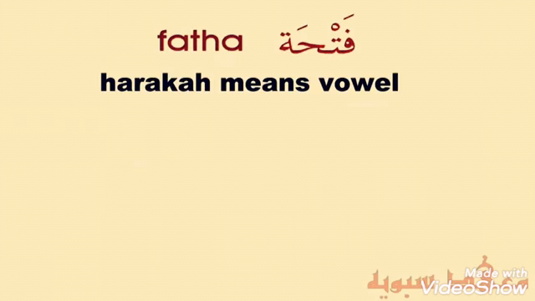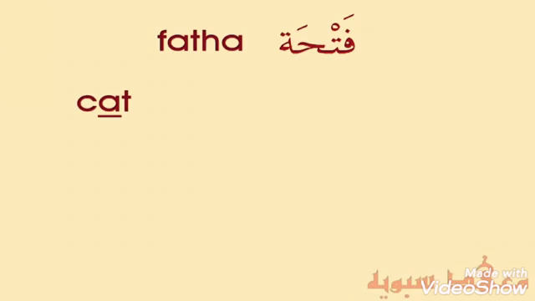So we have the first harakat, which is fatha. Now, for example, when we say the word cat, notice the a sound. It's a sound, cat, a. That's the same sound of a fatha.